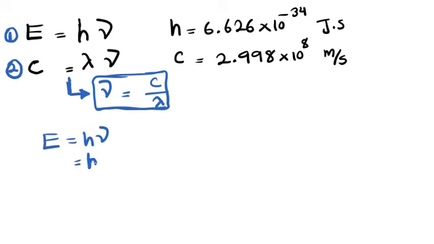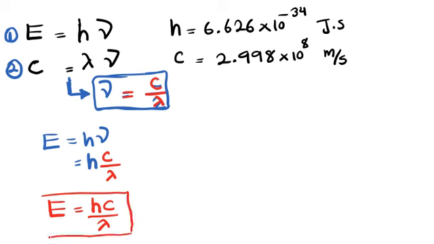So I write h, and nu has this definition, c over lambda. So I'm going to derive this new equation, E equals h c over lambda. h and c are constants.